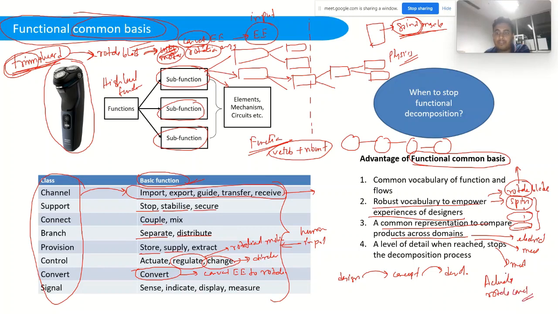And this defines a level. So basically, functional common basis defines a level at which a designer should understand that we have reached the end of the functional decomposition process and should stop the process further. Okay, clear?